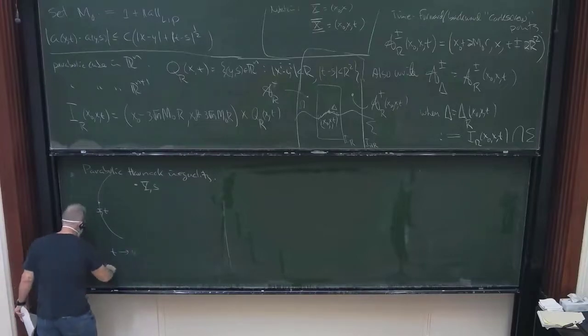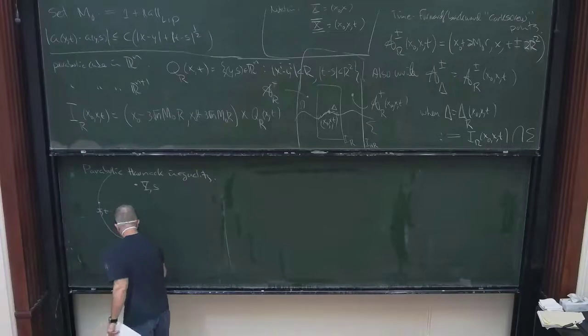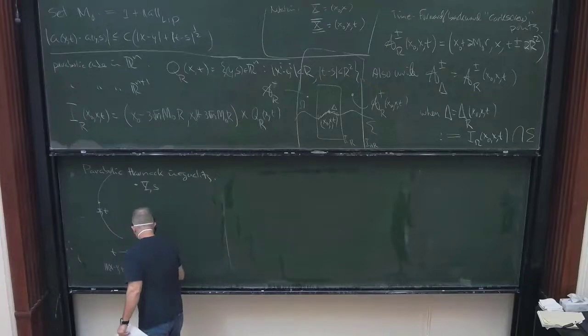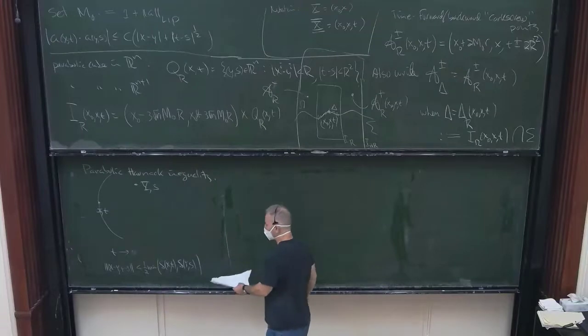for me, the parabolic distance from xt to ys is less than, say, less than half the minimum of the distance from either xt or ys to sigma.